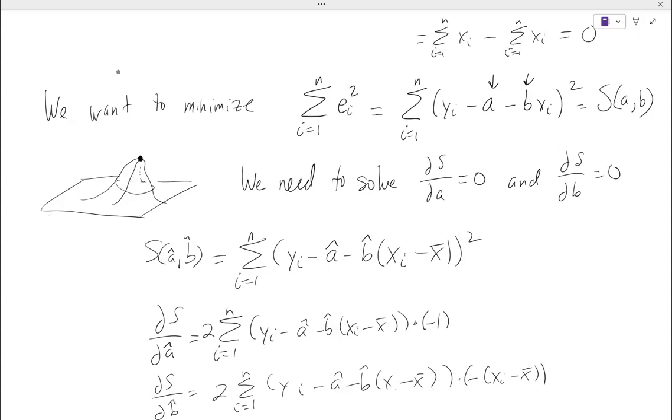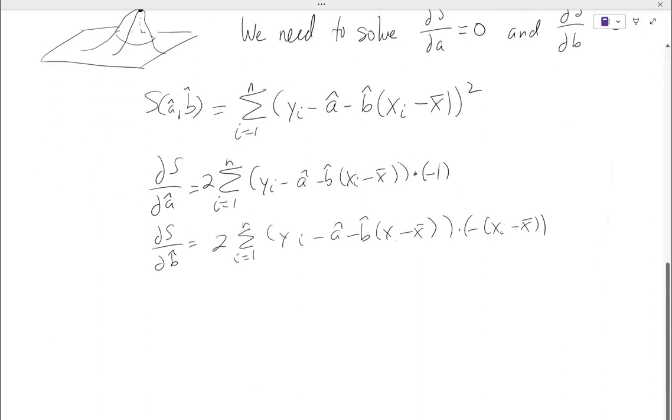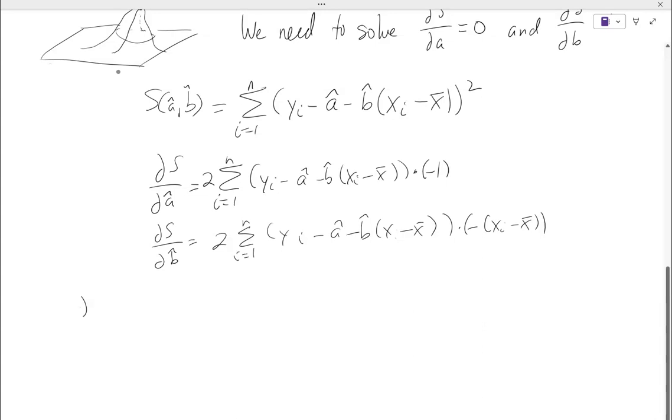All right, so I took the derivatives. What do we want to do with each of these derivatives? Set it equal to 0. Okay, so let's look at the first one. I'll just pop the negative out in front as well.